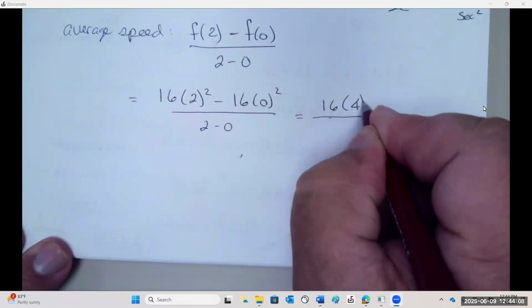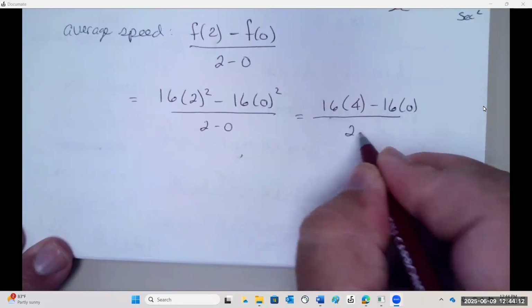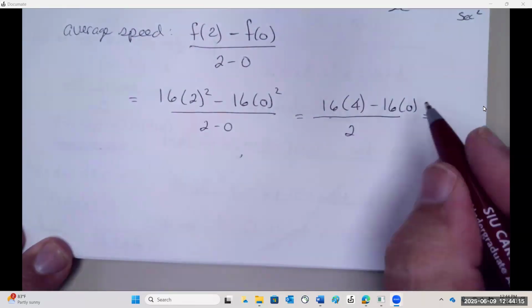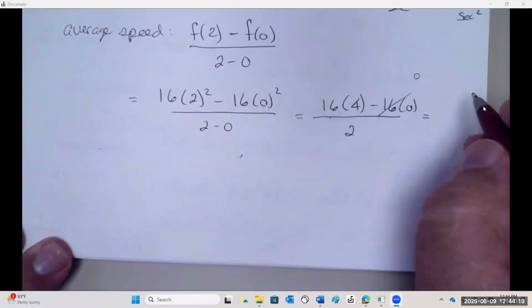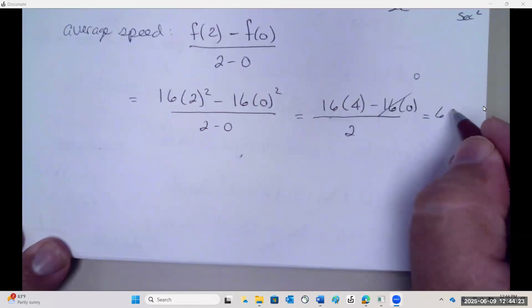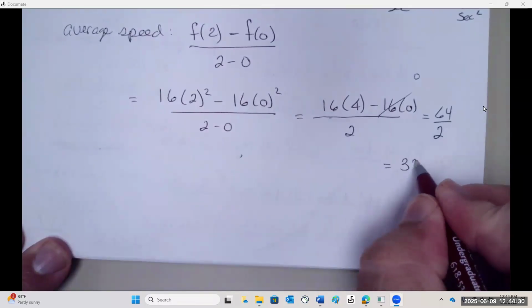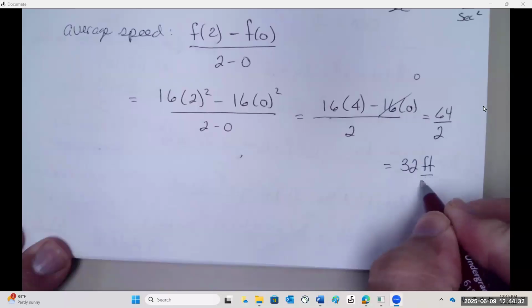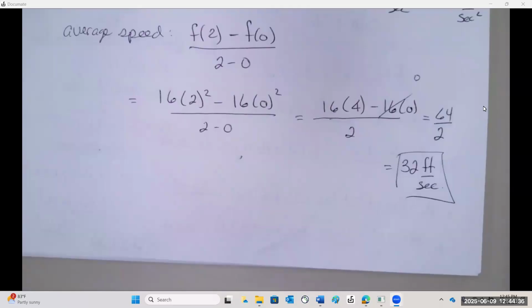Sixteen times 4 minus 16 times 0. That's 64 over 2, which makes it 32 feet per second. That's the average speed of that falling object.